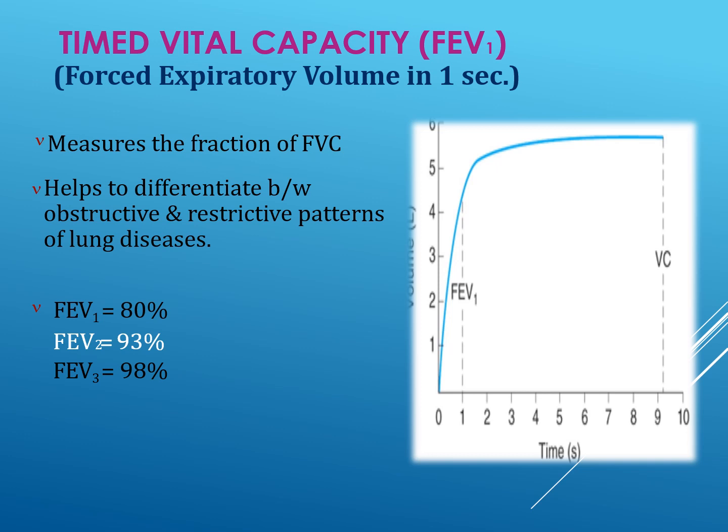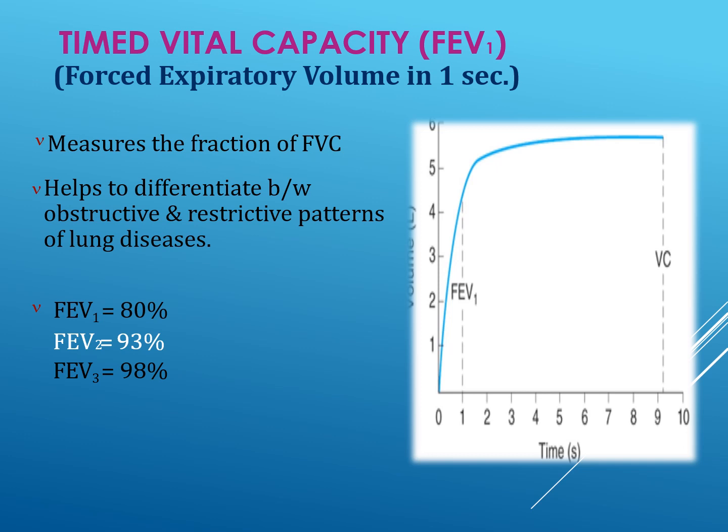It is about 90 to 93% of FVC. And FEV3 represents the volume of air expired in the first 3 seconds, which is normally 98 to 100% of FVC. So these are the various components of timed vital capacity or forced vital capacity: FEV1, FEV2 and FEV3.